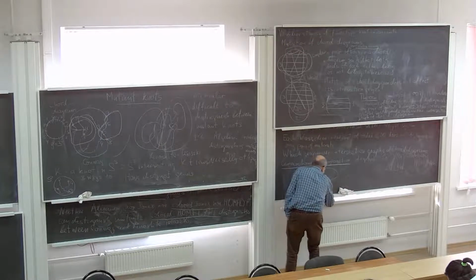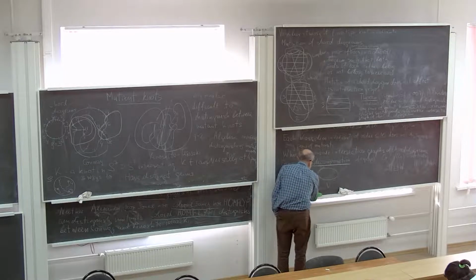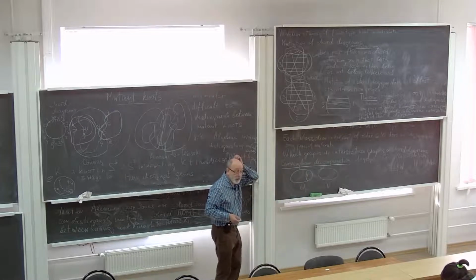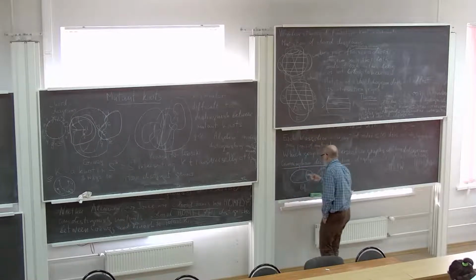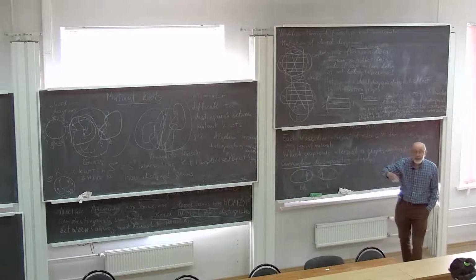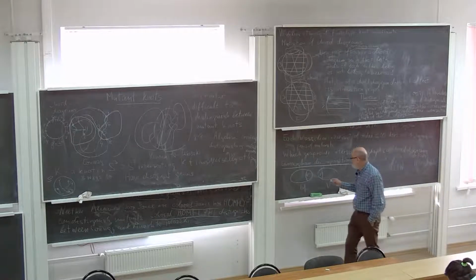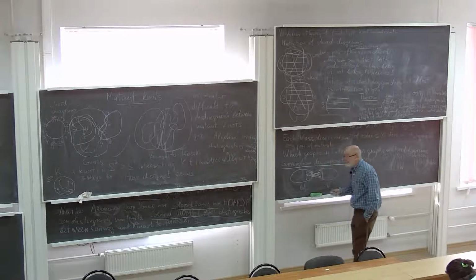This is U, this is V. And suppose that we have some subset of U and some subset of V, U prime and V prime respectively, such that each vertex in U prime is connected to each vertex in V prime. And there are no other edges between U and V.